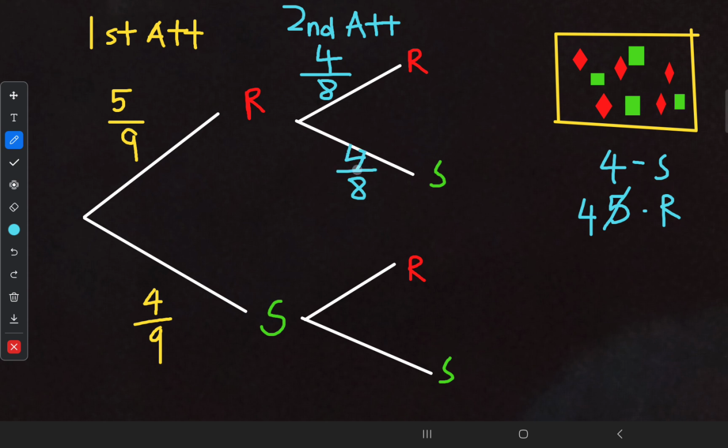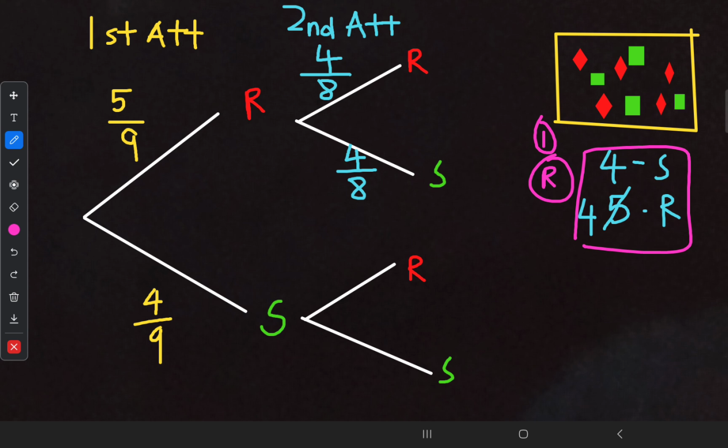The total squares will remain the same. So from 8 there are 4 squares remaining. You have selected your rhombus first, and these are the remaining values. By using the remaining values, I have completed this branch.